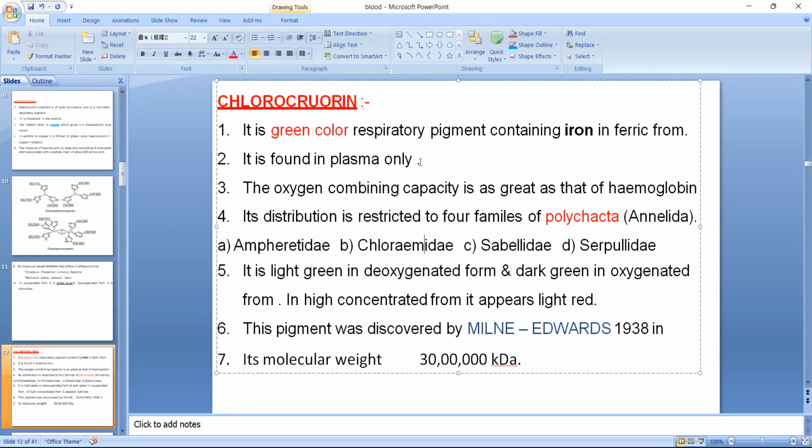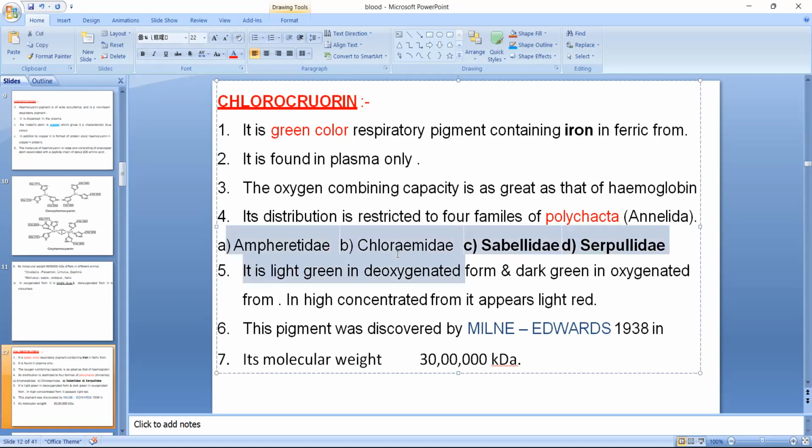It is present in plasma only. Almost equal to hemoglobin, it can carry the oxygen. Its distribution is restricted to 4 families of Polychaeta. Generally in the examination, these families are asked: Sabellidae and Serpulidae.